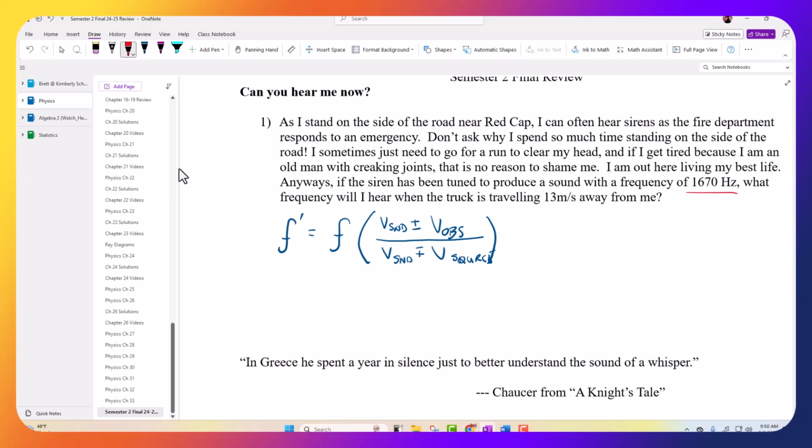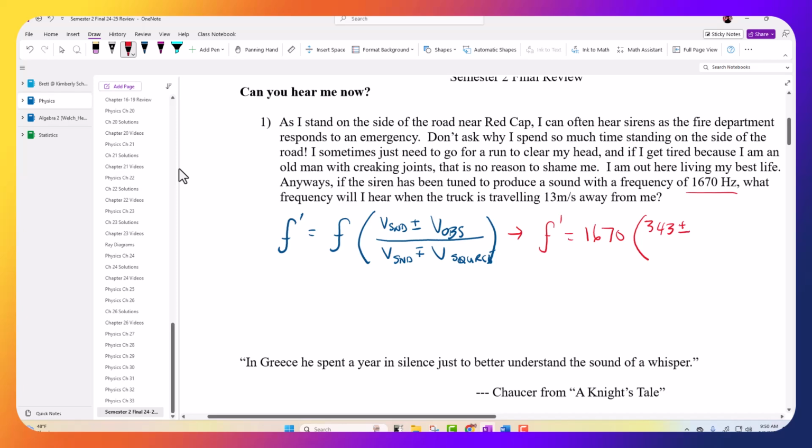So in our equation, we have F prime will equal 1670 times, what's the velocity of sound on Earth, in the air, traveling from a truck to me? 343. It is 343. That's in the textbook on page 323, if you need to look it up.